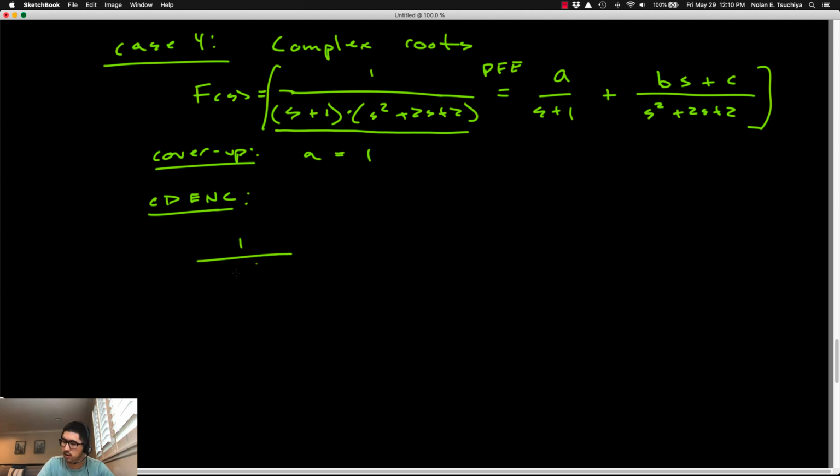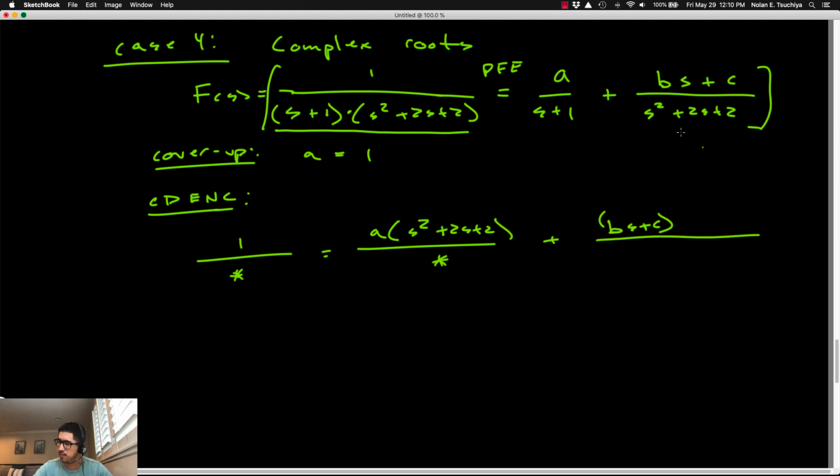So I'll have 1 over the common denominator is equal to A times s squared plus 2s plus 2 over that same common denominator. And then the Bs plus C term, well, I've got the quadratic in the denominator here. To get the common denominator, I have to multiply top and bottom by s plus 1. And that would give me the common denominator.